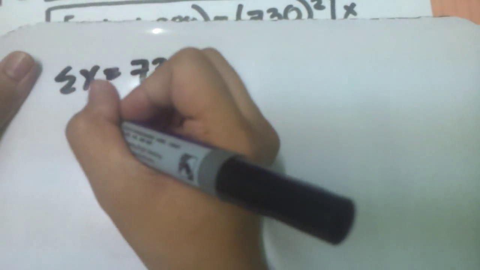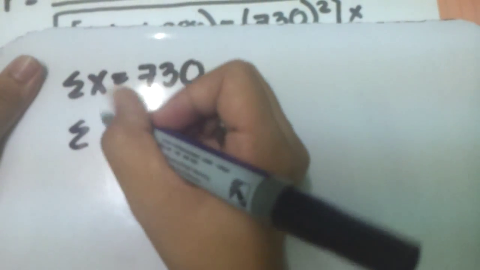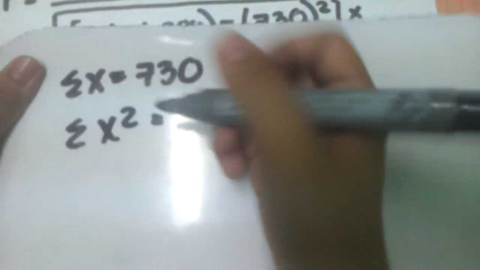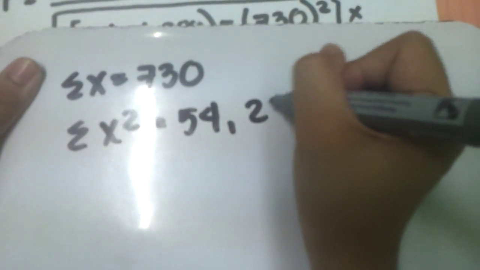From what we've done, we get these values. So we get the summation of X, which is equal to 730. Then we have computed for summation of X squared, and then we get 54,200.